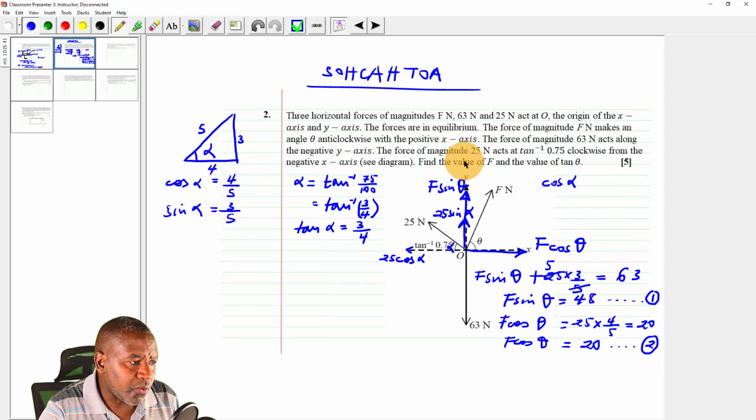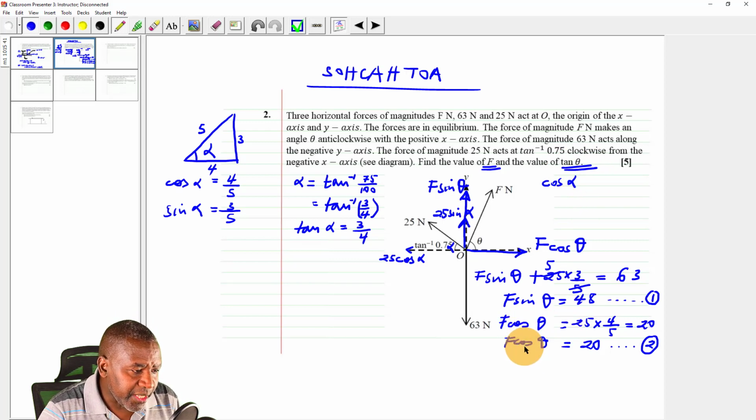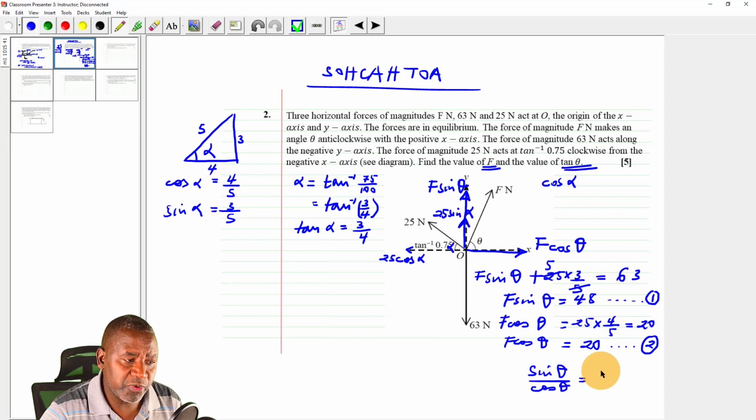Now, when we look at the question, we are asked to find the value of F. And then we are asked to find the value of tan theta. Not theta, but tan theta. So from here, since I know in equation 1 I've got sine theta and in equation 2 cos theta, you should be able to remember that if we divide sine theta by cos theta, we get tan theta.